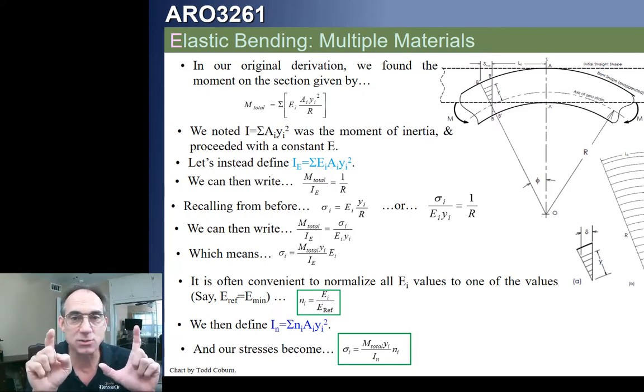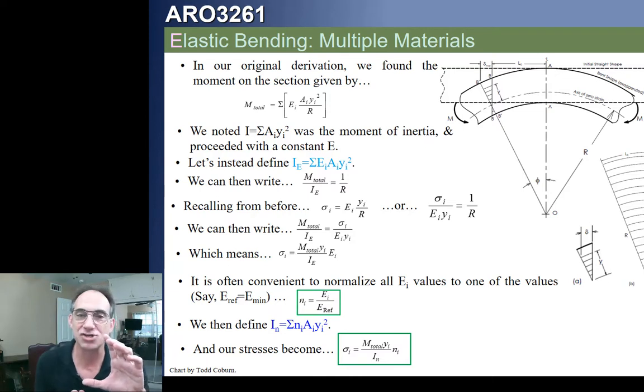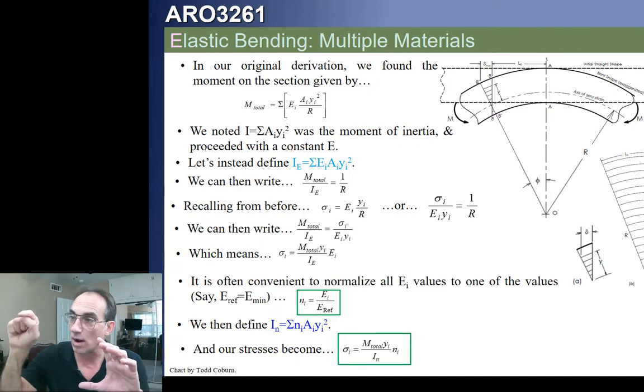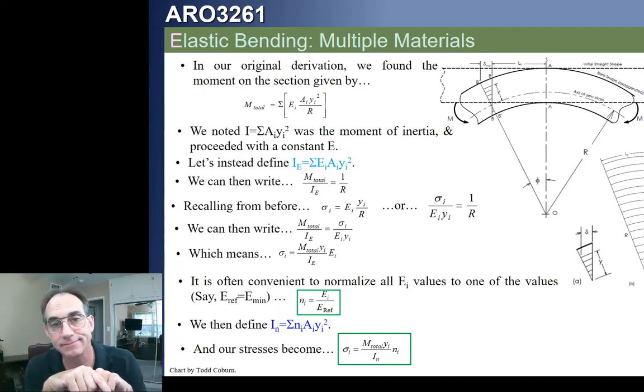Each and every stress will have the moment divided by the moment of inertia of the entire section. And then you'll say, where do we want the stress? If we want it at point A, you're going to take the y coordinate of point A, you're going to put that in, and then you're going to look at what material do you want the stress in at that point. What's the material at that point? And you're going to use the n for that, and that will give you the correct stress. Got it?